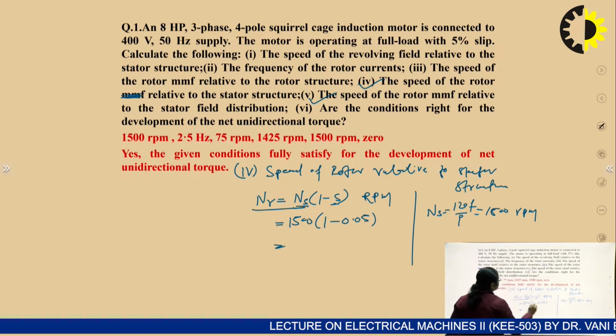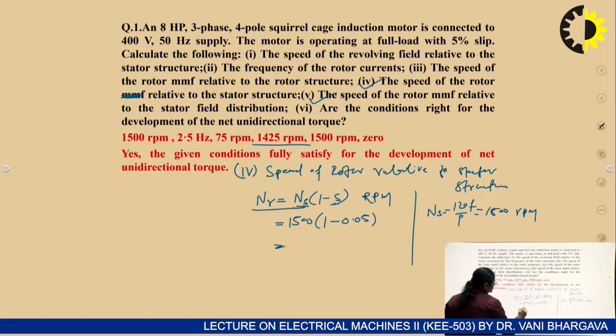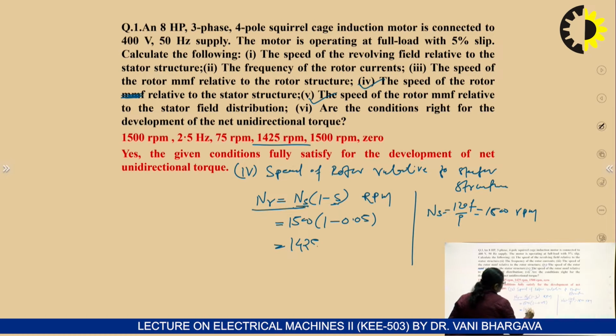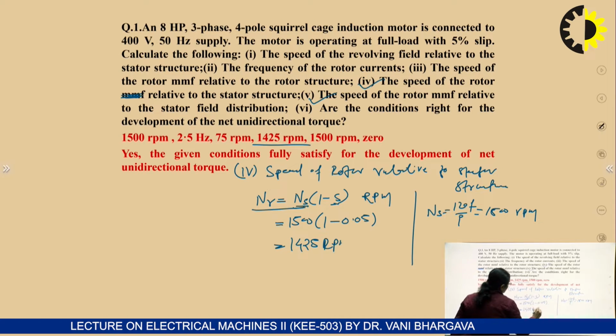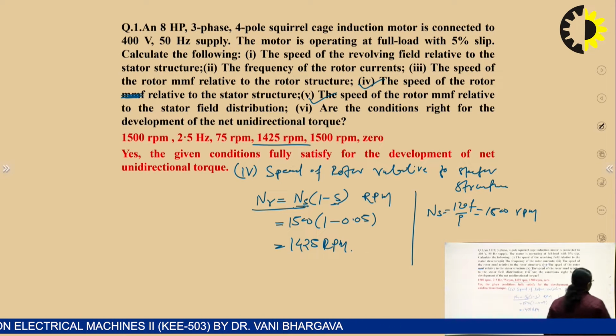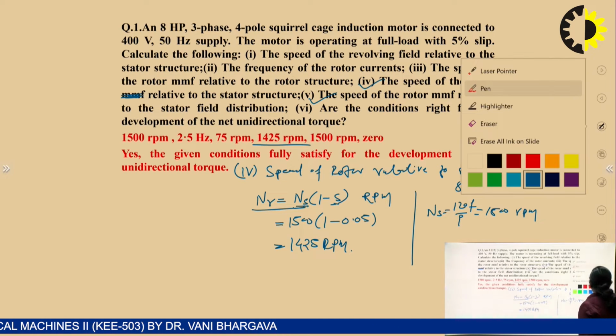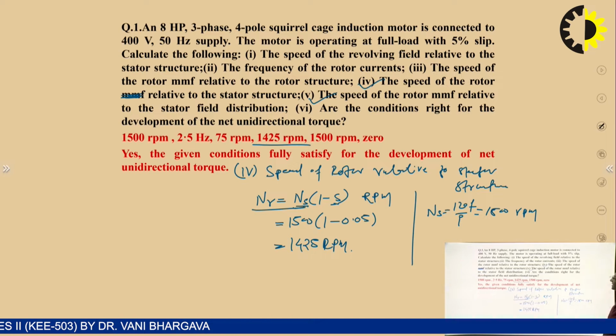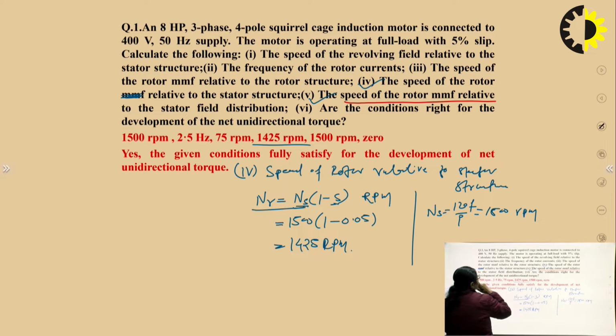Solving this, you will get the rotor operating speed as 1425 RPM. So this completes the fourth part of the question. Now let us move to the fifth part of the question. The fifth part is asking for the speed of rotor MMF relative to the stator field distribution.